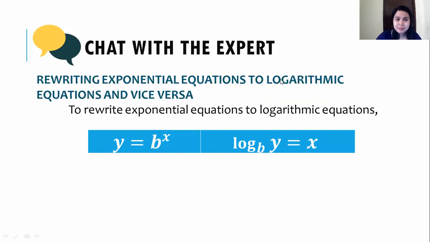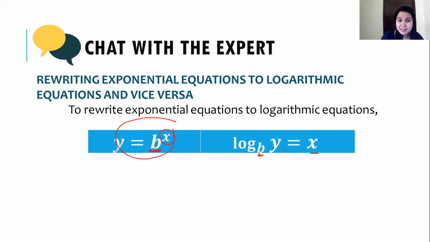How do we rewrite an exponential function to a logarithmic equation? Here's how we do it. This is the form for an exponential function. Once you write it as a logarithmic equation, the base becomes the base of the logarithmic function. The exponent becomes the answer.